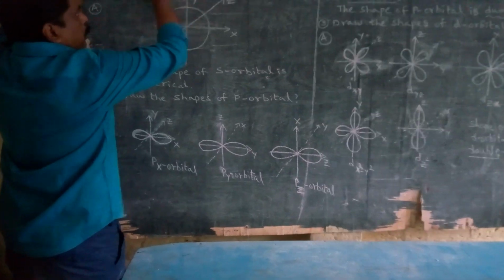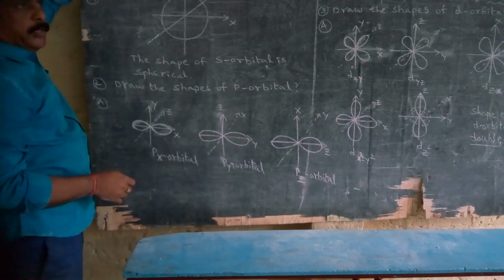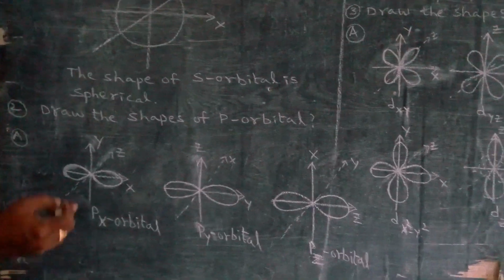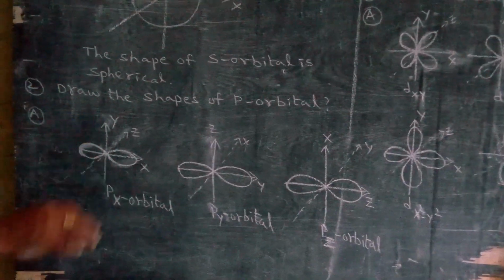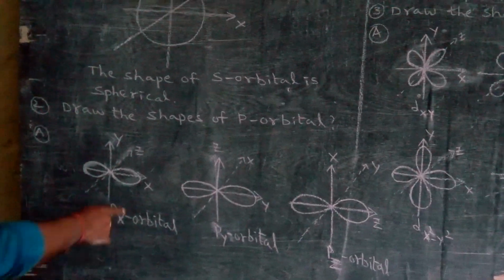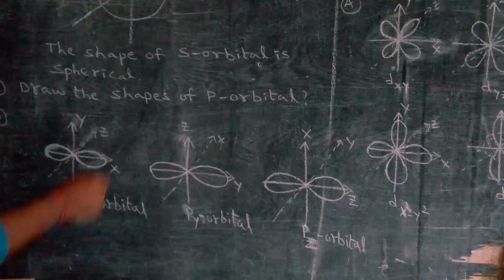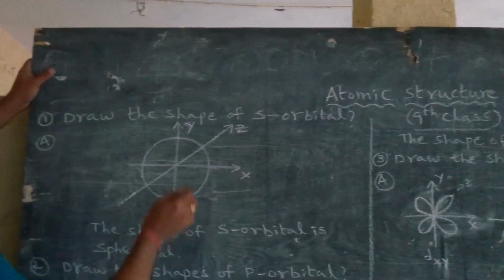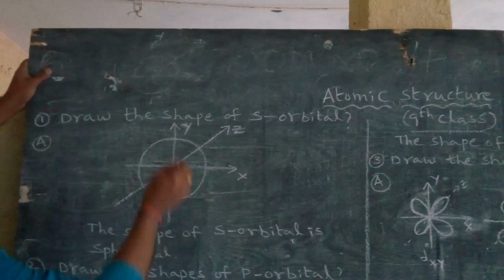In the p orbital, we already know that we have px, py and pz. So I have to draw three diagrams for the p orbital: px, py and pz. I have drawn three diagrams here. Let me draw again how I get it. I have to draw the x-axis and y-axis, and you have to draw a dumbbell.